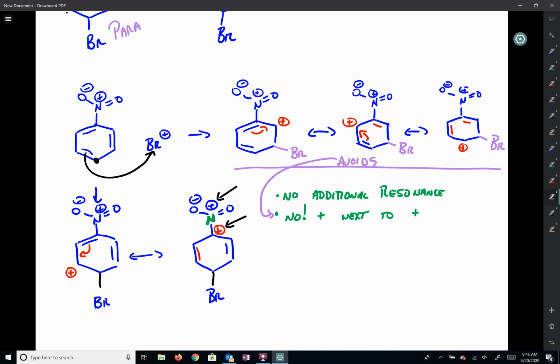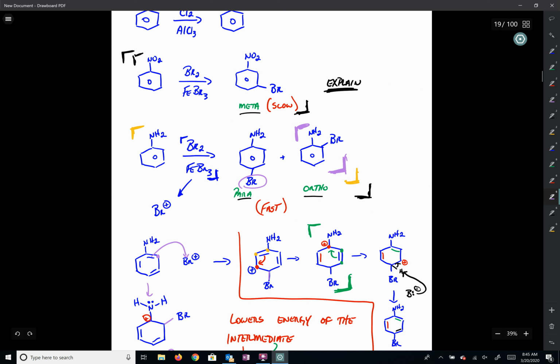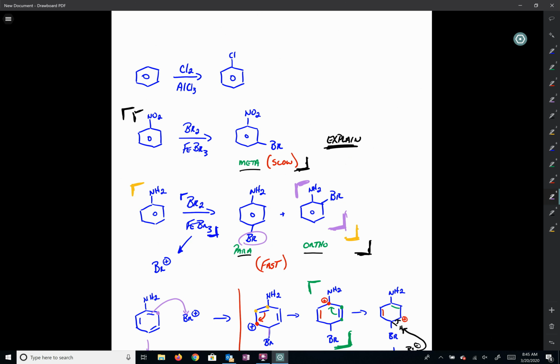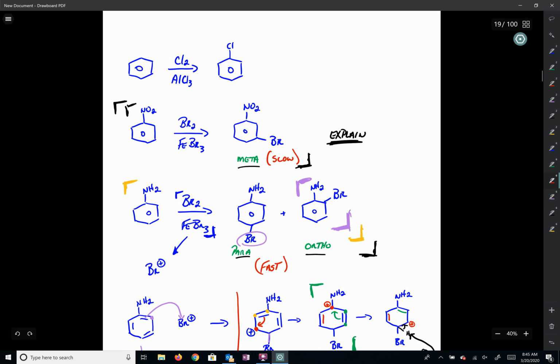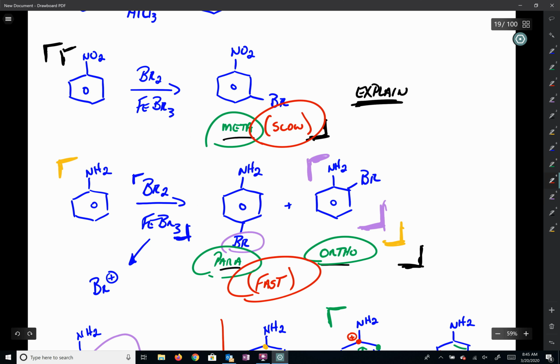Because what we're talking about here, in the sense of saying that the bromine knows where it's going to go, comes from the second part of what we were talking about. So far, all we've been dealing with are the parts in green. Why do things go ortho, para, or meta? What we're going to talk about next time is what we mean by fast and slow. Now, that doesn't mean that these aren't related.